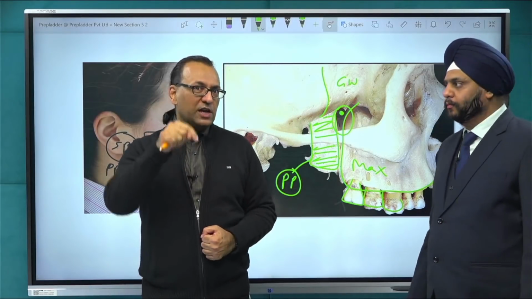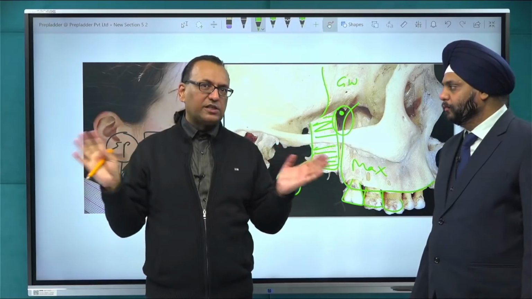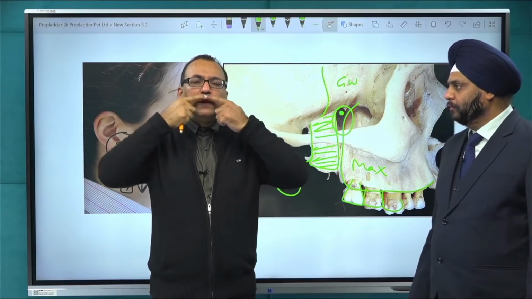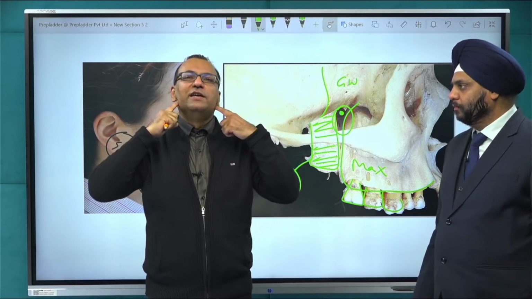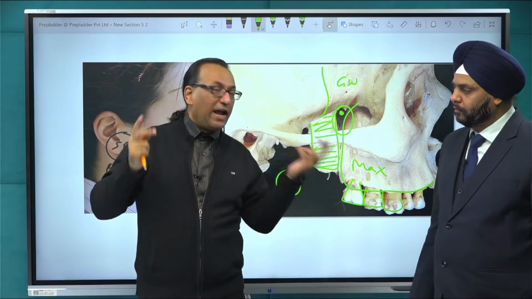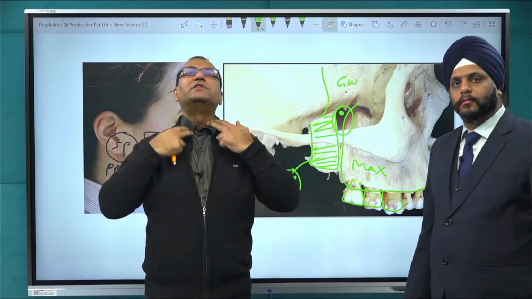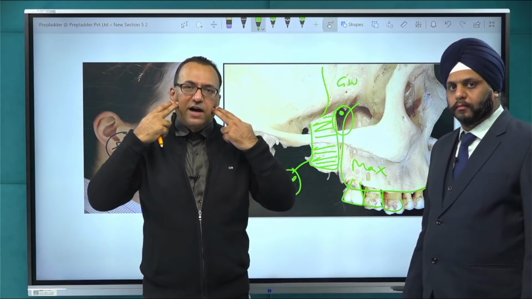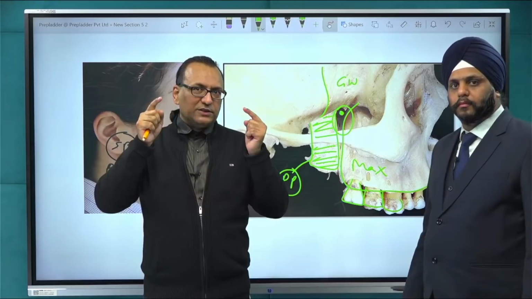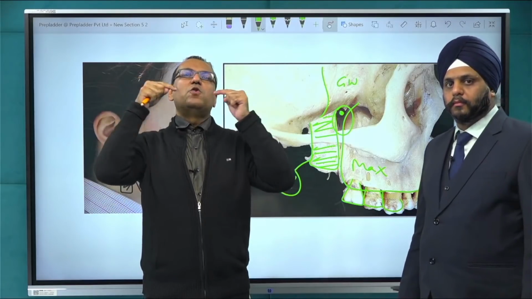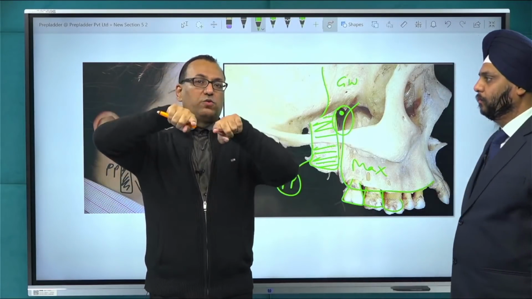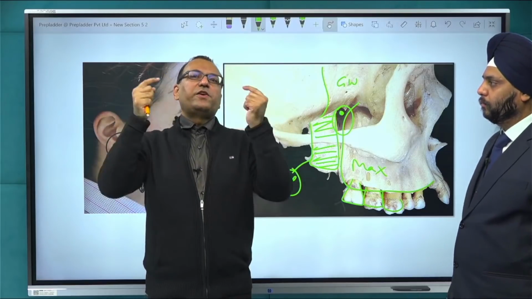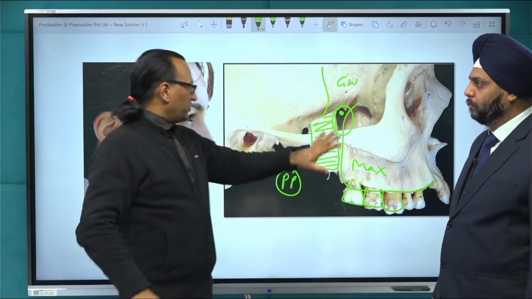I'll show you this opening from inside also. This is looking from outside. So this bone is maxilla. Which artery? Maxillary. ENT people say internal maxillary artery, a branch of external carotid. So external carotid gives the internal maxillary or maxillary artery. Last branch, sphenopalatine. How does it enter the nose? Because it has to supply the nose, quite a good supply. Through the sphenopalatine foramen. So this is from the lateral view.